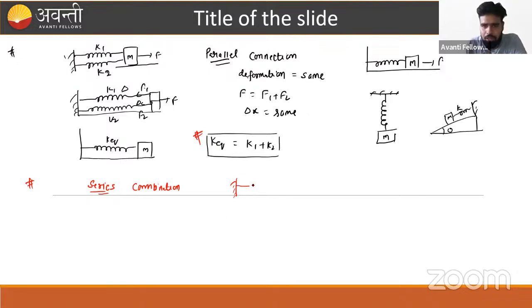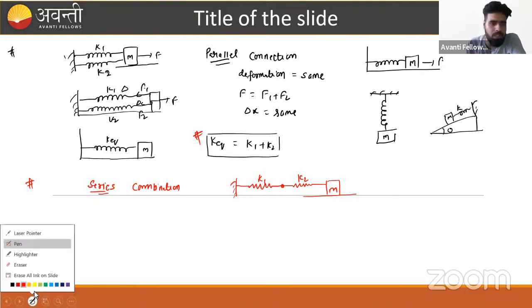Suppose this is the first spring, and the last end of the first spring is connected with the first end of the second spring. Such type of connection is known as the series connection. Say this is K1 and this is K2, the spring constants of the two springs.